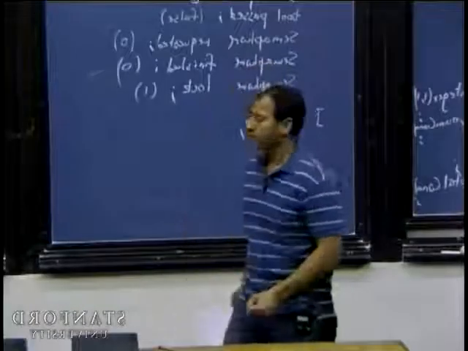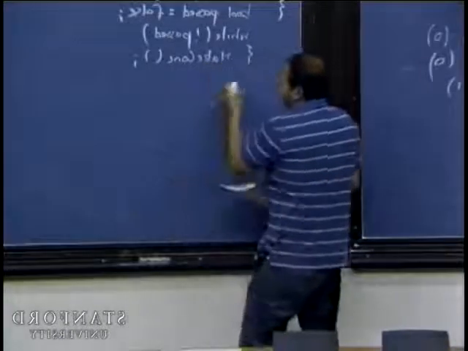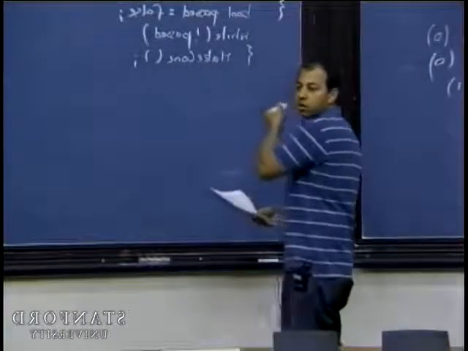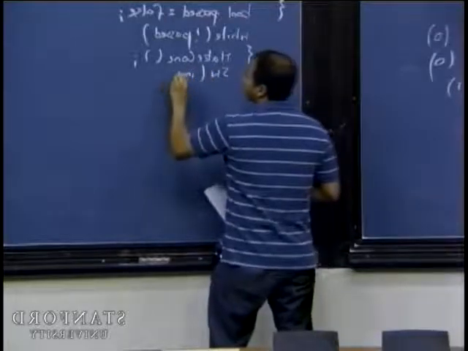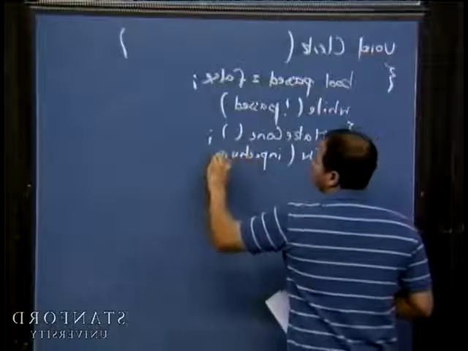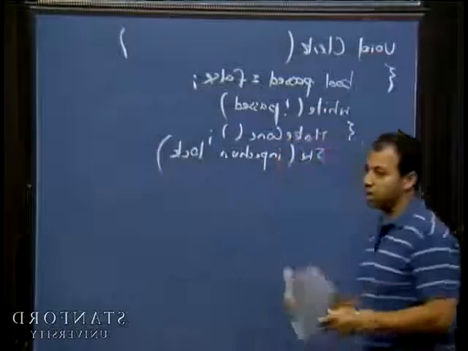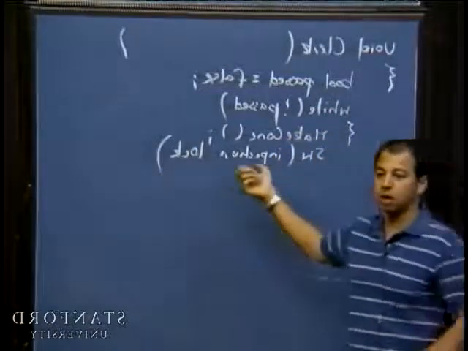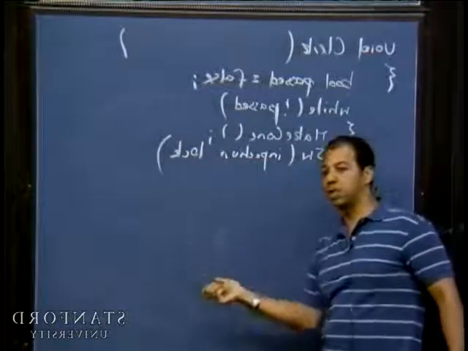Okay? All right, so the first thing that you want to do basically is to acquire this lock, right? So you want a semaphore wait on inspection dot lock. And again, there are 2 scenarios. First of all is that lock is still 1 because nobody did the wait before, in which case you'll be able to proceed.